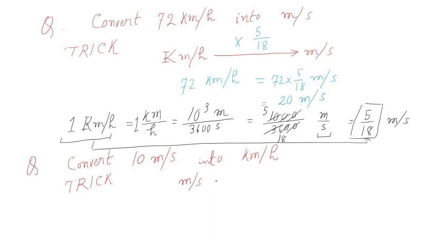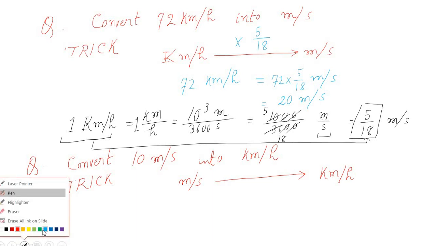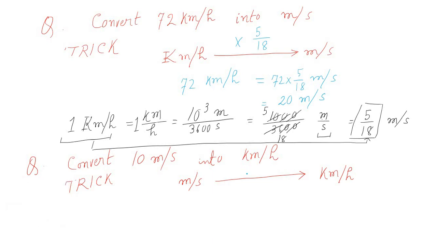If meter per second is given and we want to determine the kilometer per hour value, we simply multiply by a small factor, 18 by 5. So 10 meter per second multiplied by 18 by 5 becomes 36 kilometer per hour.